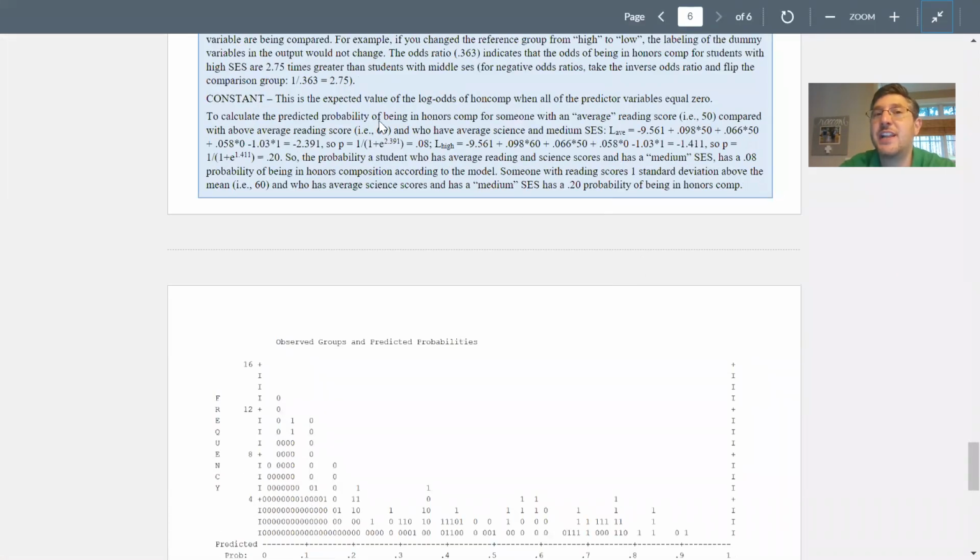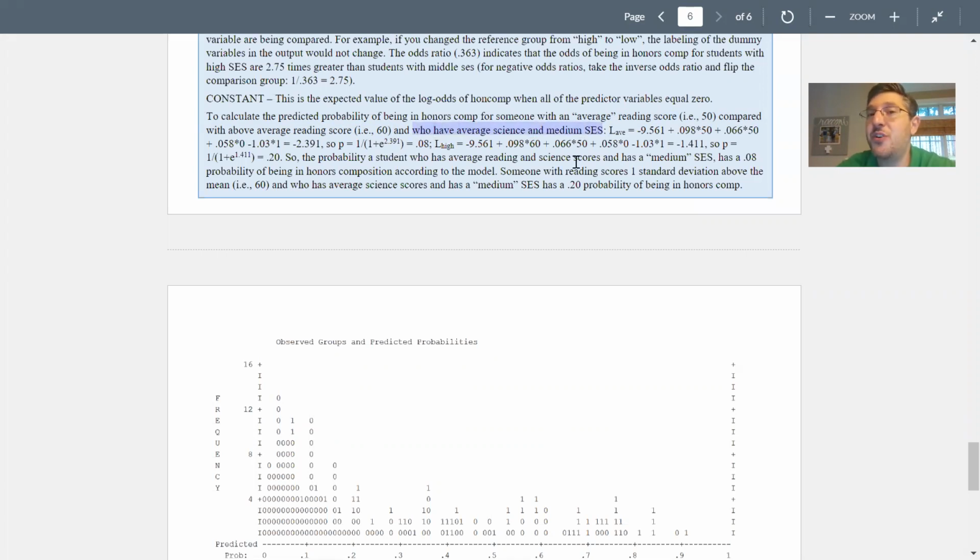So here we're looking at the predicted probability of being in honors composition for someone who has an average reading score compared to someone who has a reading score 1 standard deviation above average. And we have to pick a value for the other variables in the model. So we're going to say they have average science ability scores and medium SES.